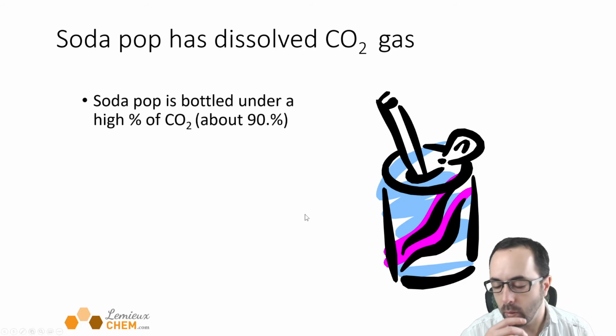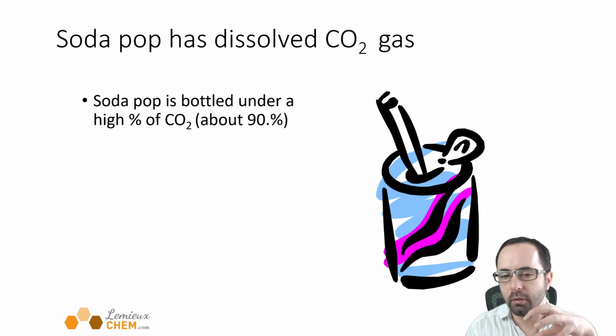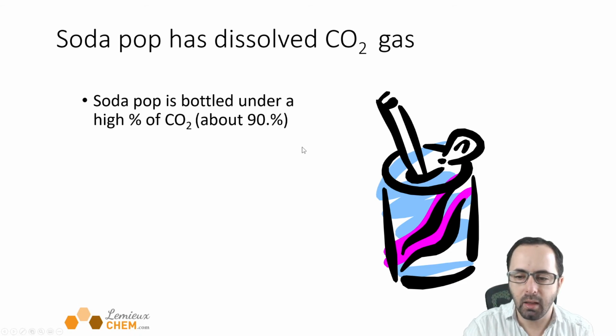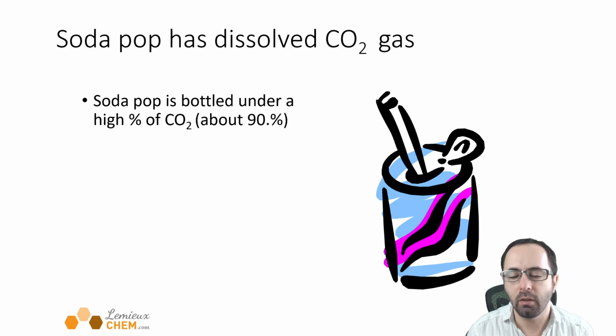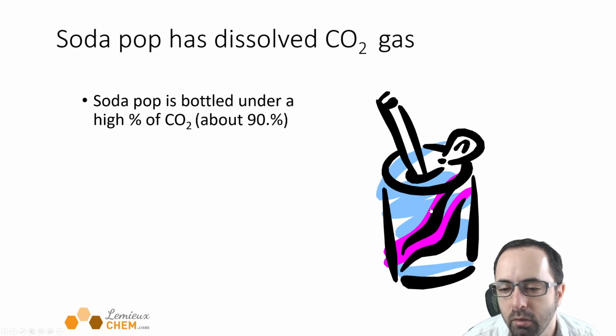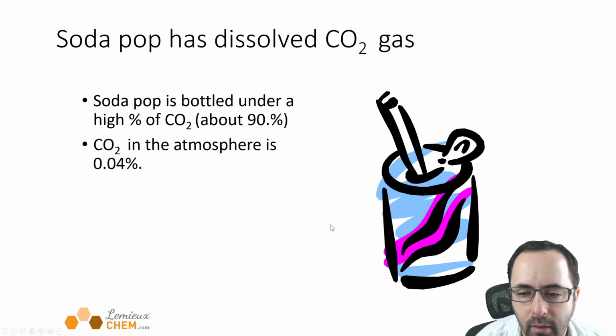So when you have soda being canned, it's going to be closed up, and in the top above the liquid, there's going to be a high percentage of CO2, like maybe 90%. But then you go psh, and you open it up, and now that high percentage of CO2 has been released, and that soda is now exposed to normal air, which only has 0.04% CO2.